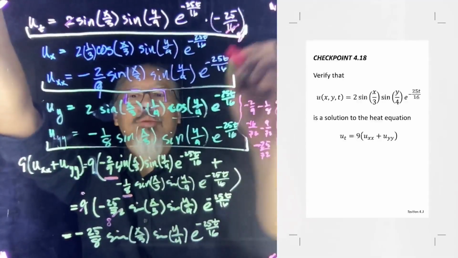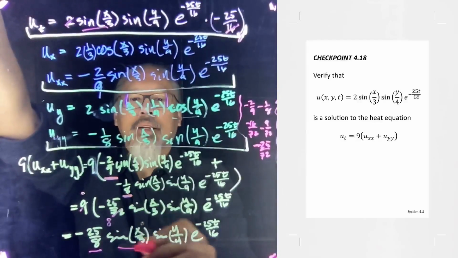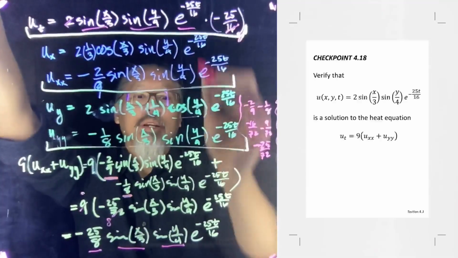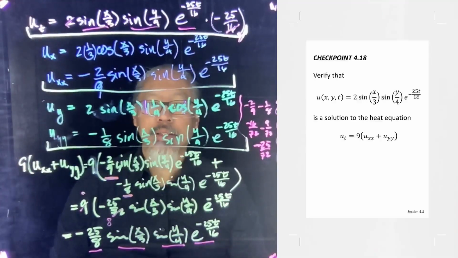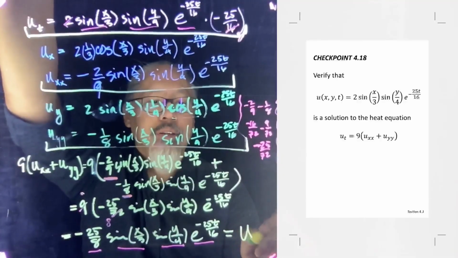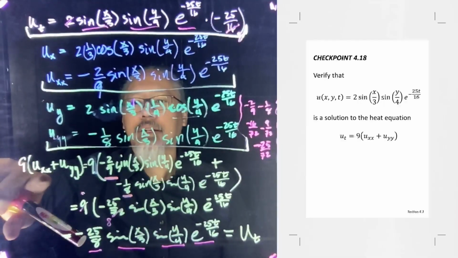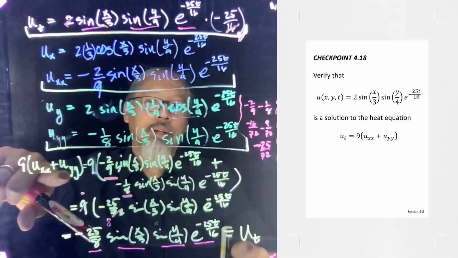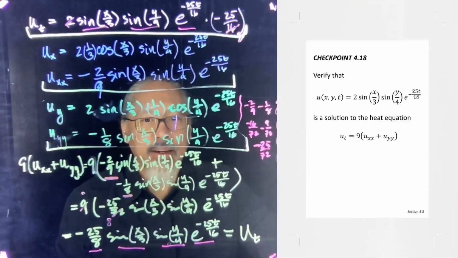So we get negative 25 over 8, and everything else, sine x over 3, sine y over 4, and e to the negative 25t over 16, tells us that this is essentially u sub t. So we get 9 times (u_xx plus u_yy) is equal to u sub t, which is the differential equation. Okay, I hope that helps.